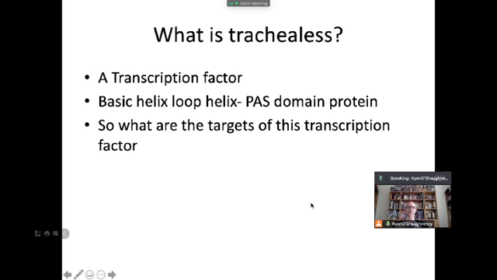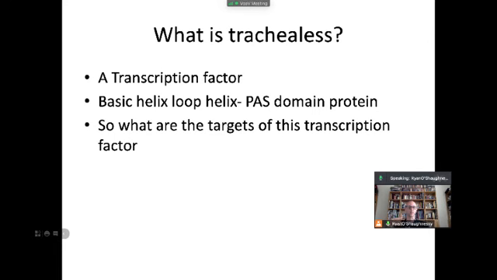So what is trachealess? As you might expect from this extreme effect of trachealess, and it being expressed quite early during development, it is in fact a transcription factor. It's a basic helix-loop-helix PAS domain protein.